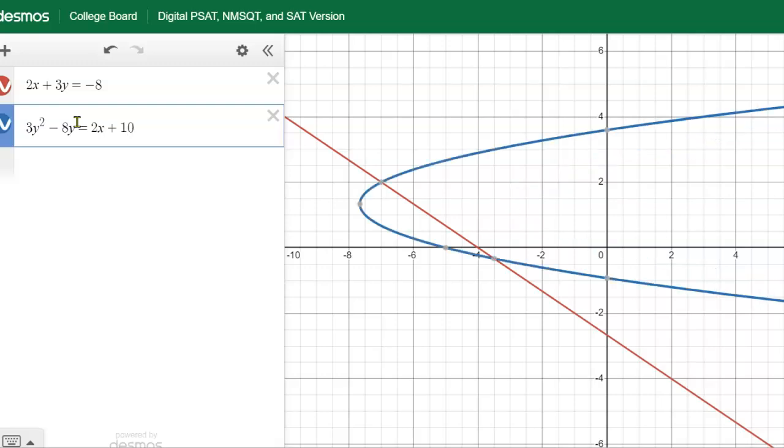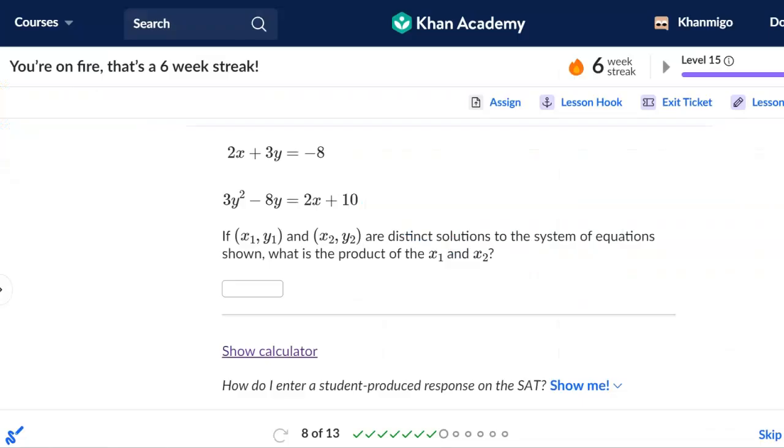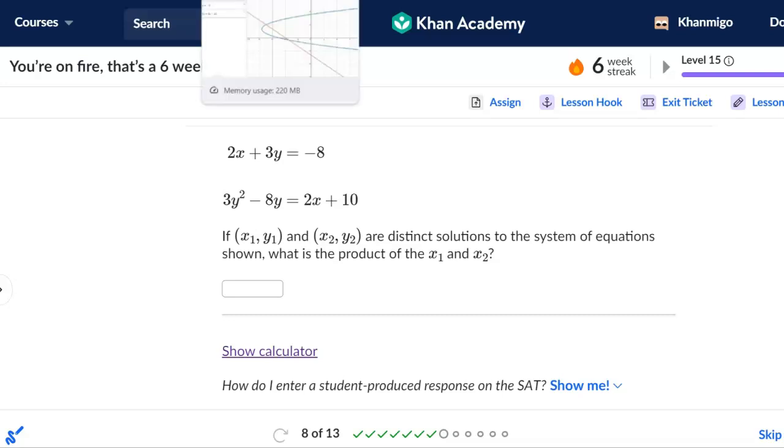Okay, so there's the two solutions. The first solution is negative 7. The second solution is, they want the x's, right? I have to go back and look at this again. x1, x2, yes, okay.